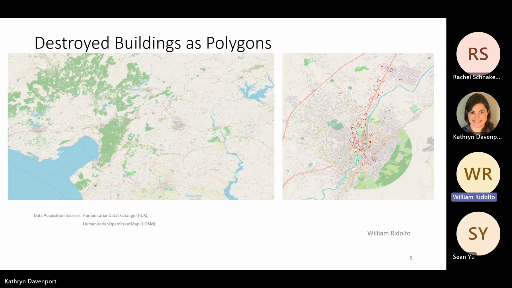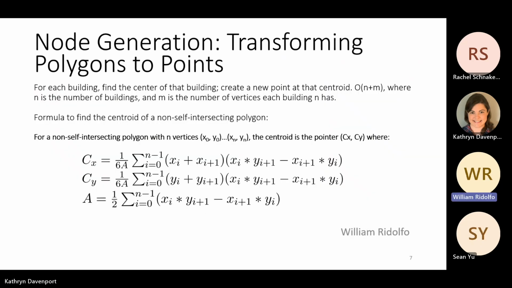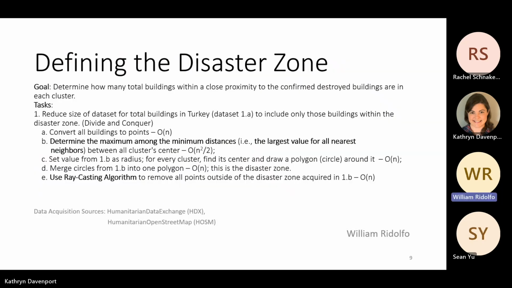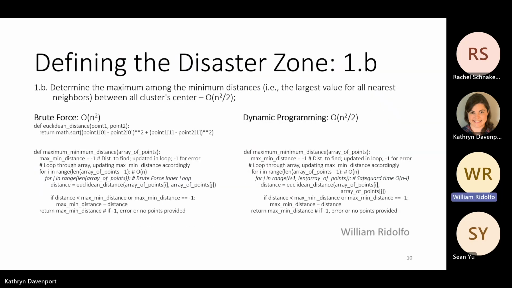The polygons that we got were very short and small. I had to transform these into points using a slide that was prior, and then I needed to determine the extent of the disaster zones. There were two approaches here. First was to determine the maximum among the minimum distances, i.e. the largest value for all of the nearest neighbors.